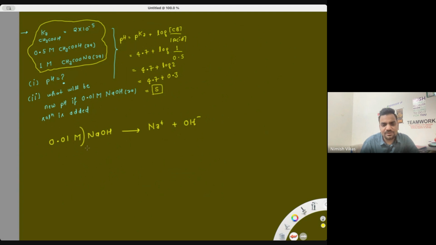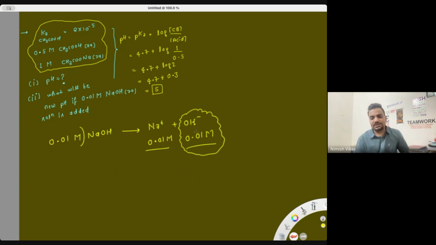So we will get 0.01 molar Na plus ion and 0.01 molar OH minus ion. So once the 0.01 molar OH minus ion came, this is a strong base, and we already have acid in our mixture, the equilibrium mixture. How much we have? I will just write it.